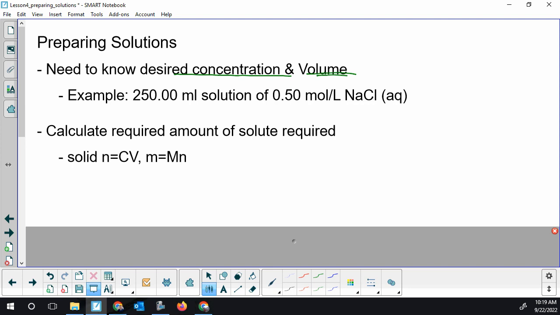When you make up a primary standard, you need to know what mass to weigh out. To figure out that mass of solid, we're going to have to do this in 2 steps. We can't get to mass right away. We're going to figure out how many moles we want in the whole thing of solute, and then using the molar mass of that pure solid, we can figure out what mass.